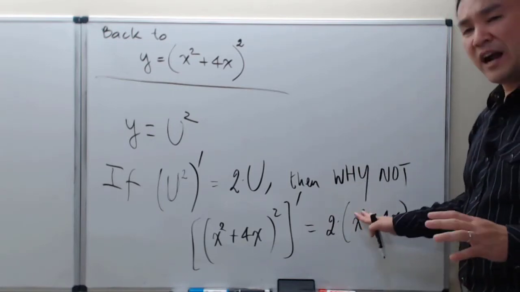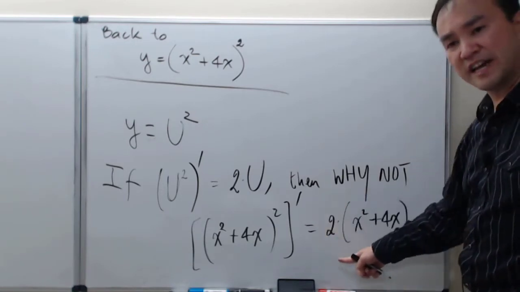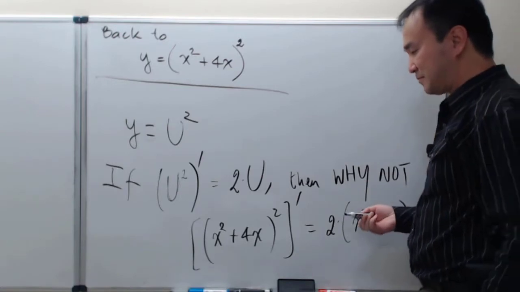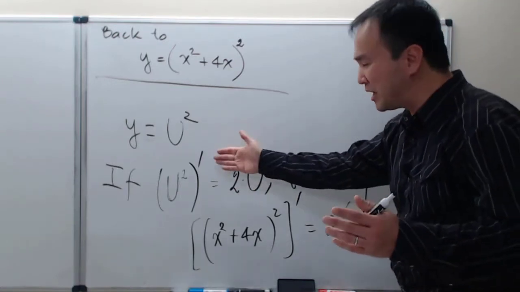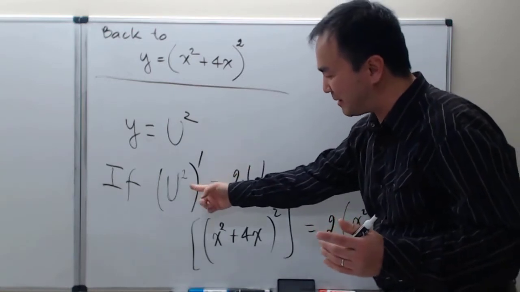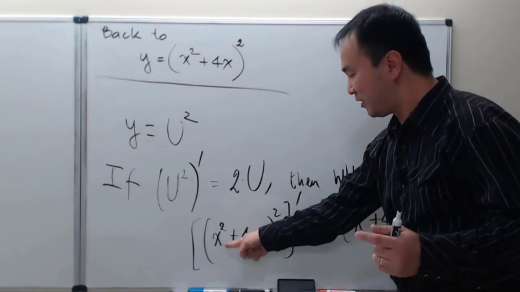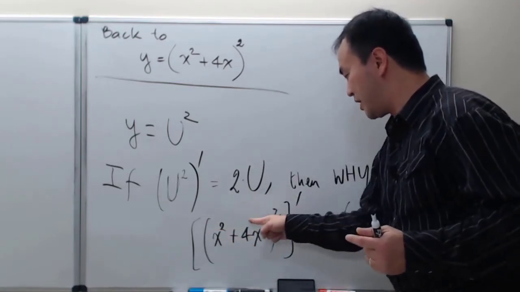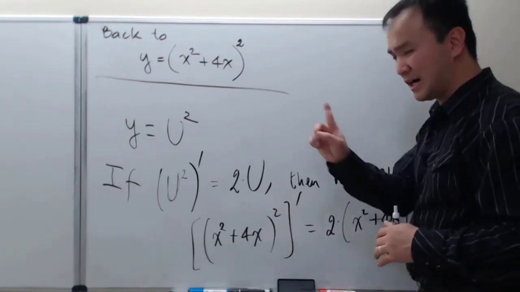But before I point out how this is not the correct answer to our derivative yet, let me get back to the student who told me that if we can do u squared prime equal 2u, then why can't we easily do the derivative of this squared, all power squared?